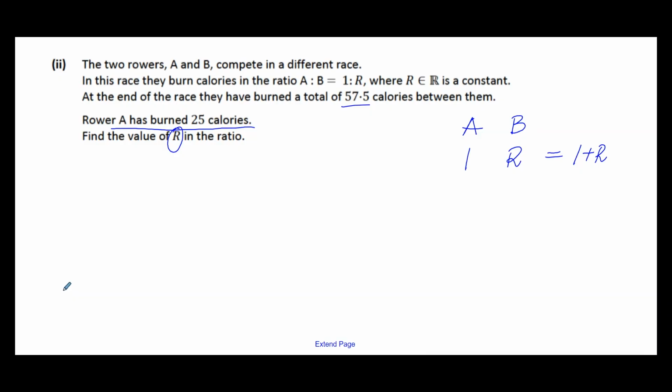So again, we compare like with like, and it doesn't matter which side you write. So on this side, let's start with 57.5 calories. That gives me how many equal parts? 1 plus R equal parts.